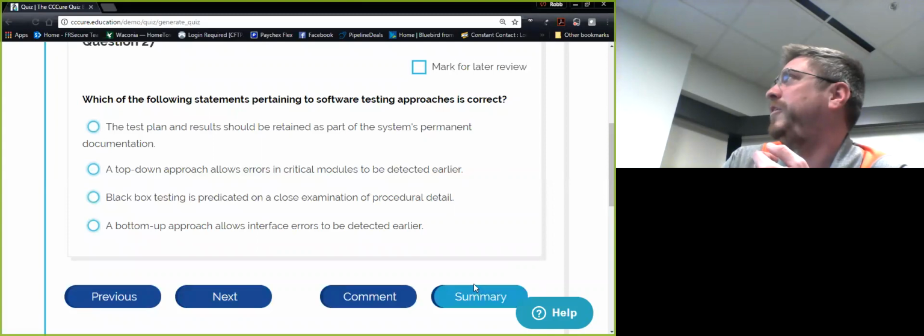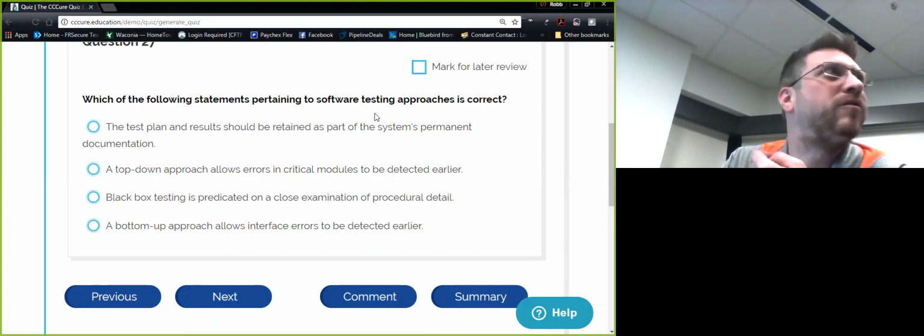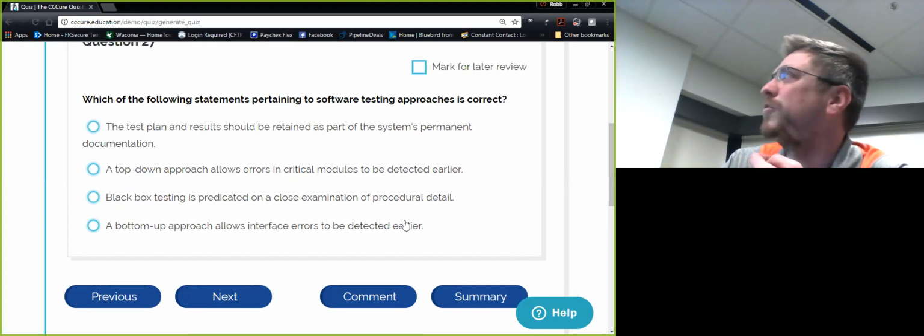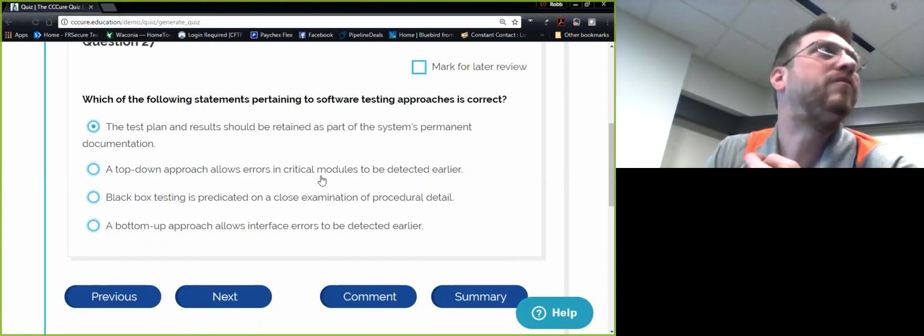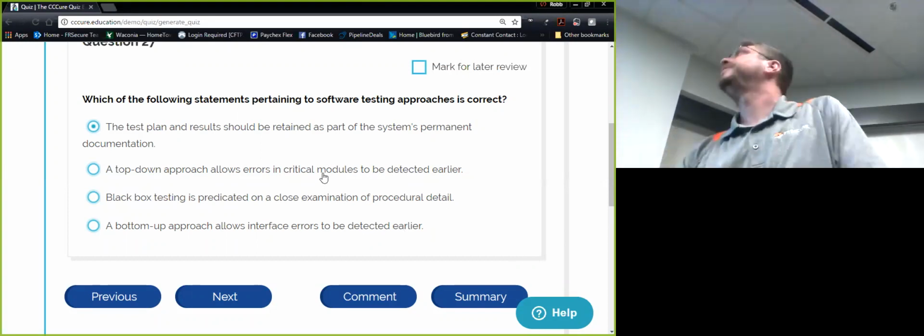Bottom-up allows interface errors to be detected earlier. These two are backwards, right? Because top-down would be the user interface first. This would be the critical. Yeah, because with black box you wouldn't know any of that stuff.